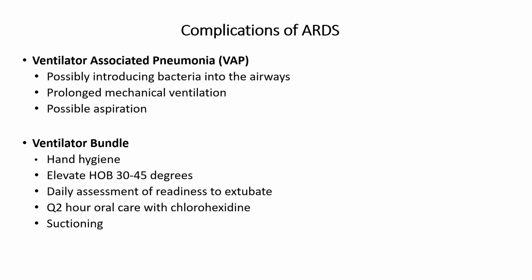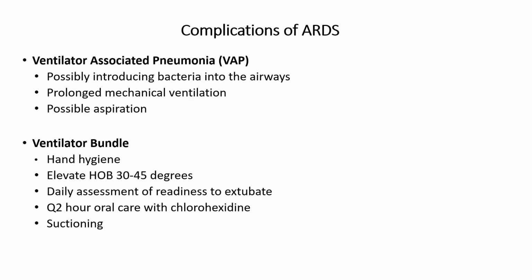Here are some of the complications associated with ARDS, specifically those related to mechanical ventilation, because many ARDS patients end up intubated for long periods of time. Ventilator-associated pneumonia, or VAP, is one of the biggest risks for ARDS patients. When a patient is intubated, the endotracheal tube keeps the airway open, but it also creates a pathway for bacteria to enter the lungs.